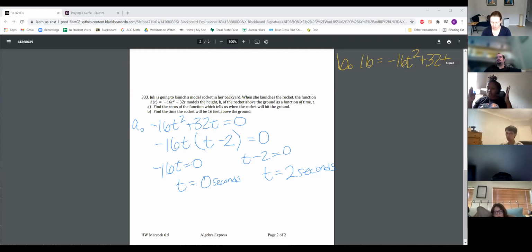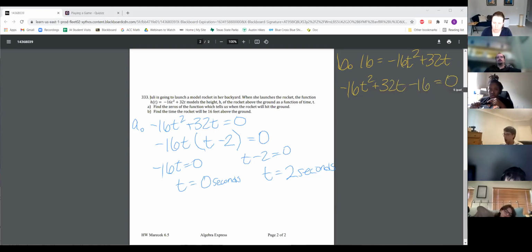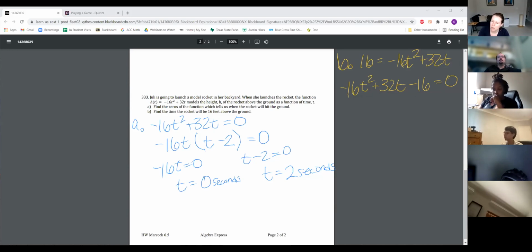What do you do next? Subtract 16 from each side. Good. And it makes it 0 equals negative 16t squared plus 16. Minus 16, right? Because we're subtracting the 16 to the other side. Yeah. Okay.